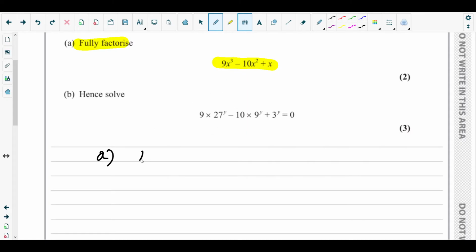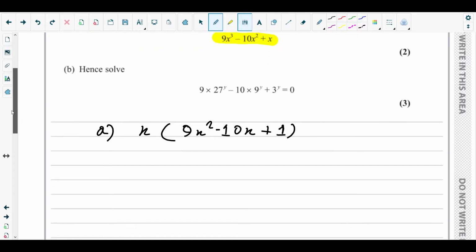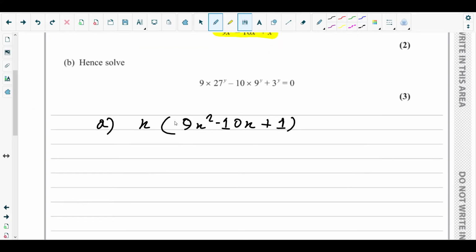If you take x common, what will you get? 9x squared minus 10x plus 1. We got two factors. One is quadratic, the other one is linear. So x times (9x squared minus 10x plus 1).